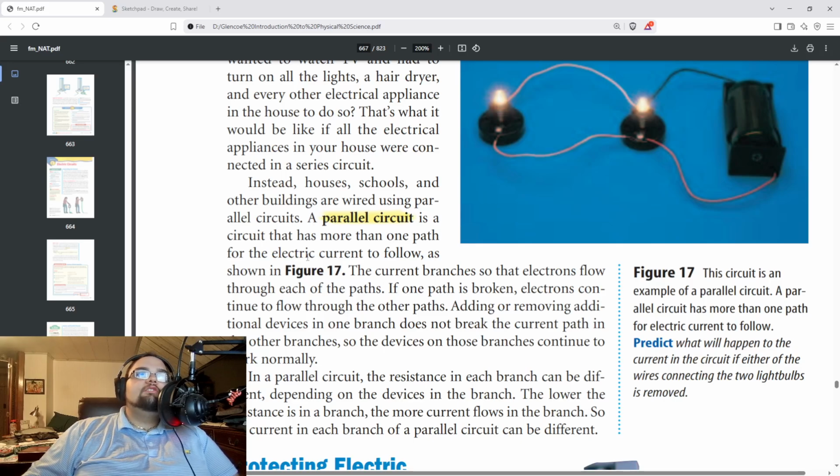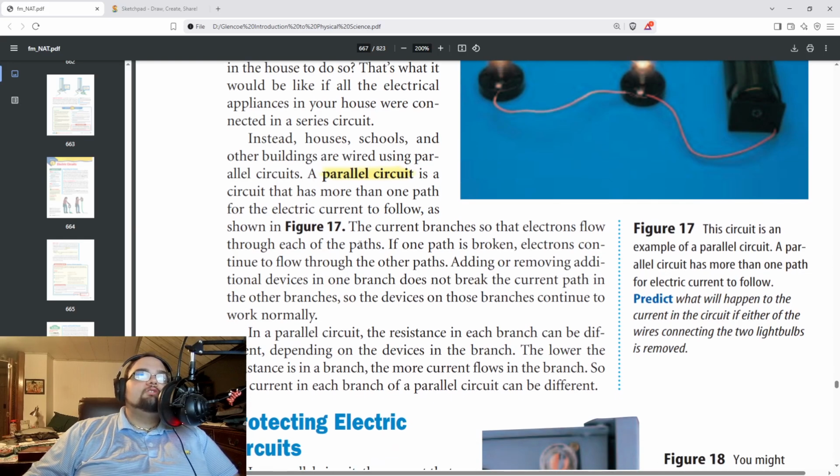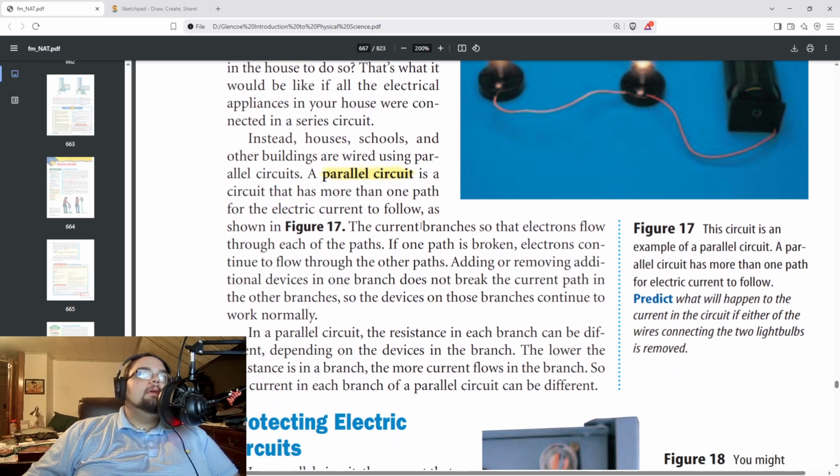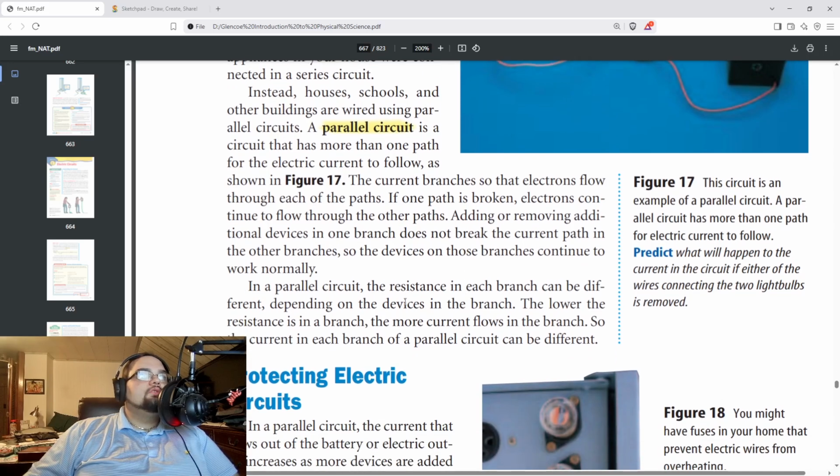A parallel circuit is a circuit that has more than one path for the electric current to follow, as shown in figure 17 right here. The current branches so that electrons flow through each path. If one of the paths is broken, then the electrons continue to flow in the other paths. Adding or removing devices in one branch does not break the current path, so the devices on the other branches continue to work normally.